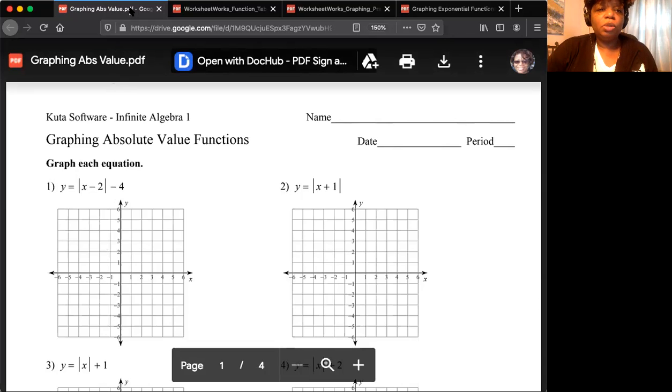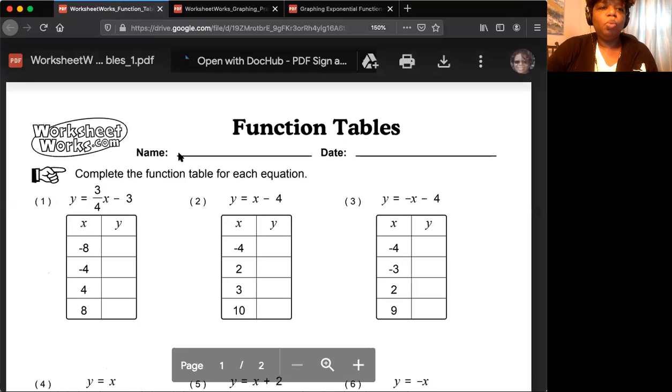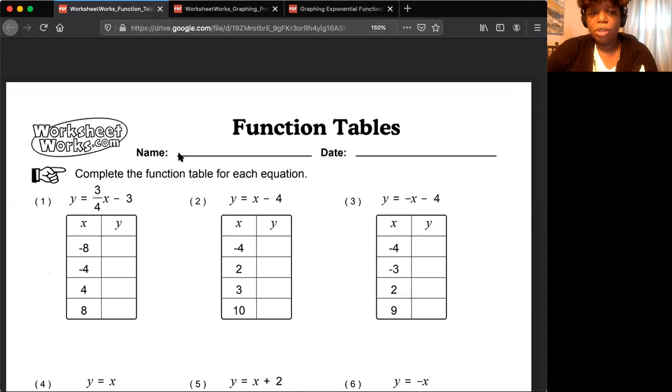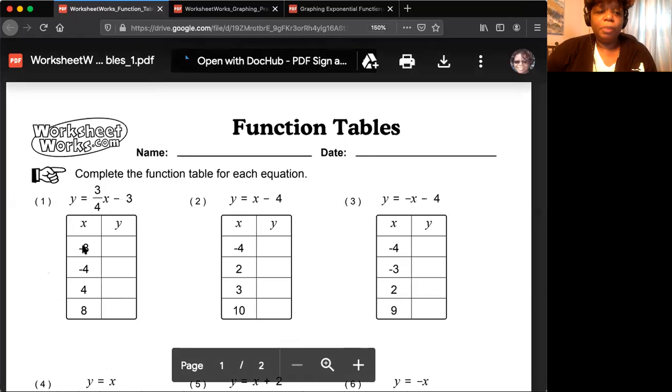But there also will be practice with basically creating a table of values for a function. Remember where you actually insert the x value into the function and find out what the y value is.